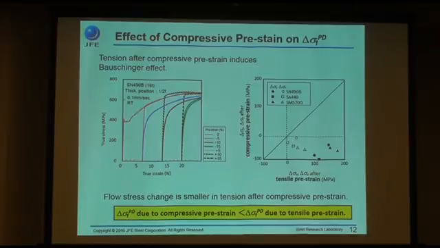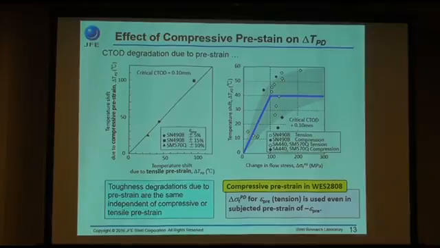So due to the Bauschinger effect, the flow stress change after compressive prestrain will be smaller than the flow stress change after tensile prestrain. However, on the other hand, the CTOD toughness degradation due to prestrain is the same, independent of compressive or tensile prestrain.